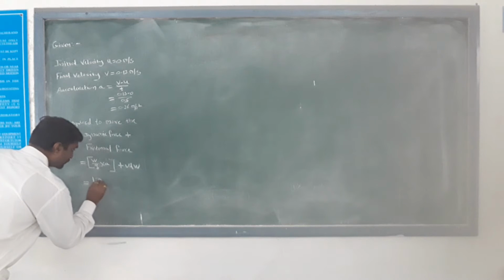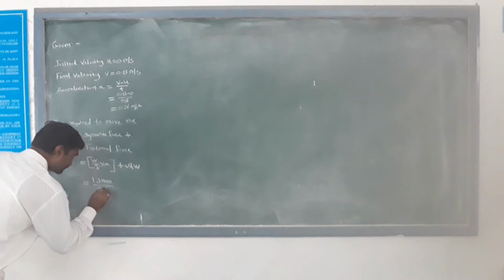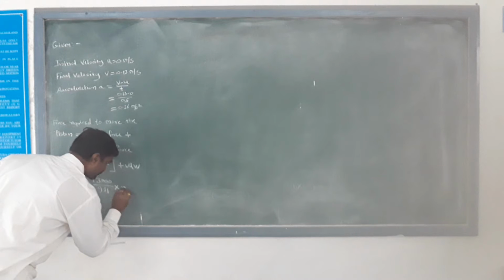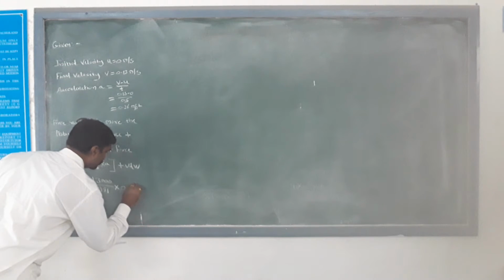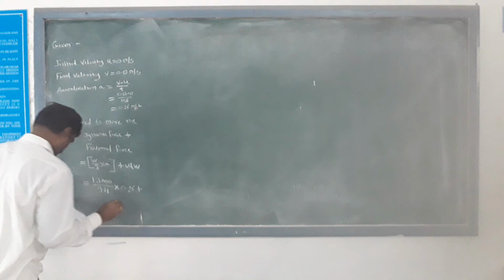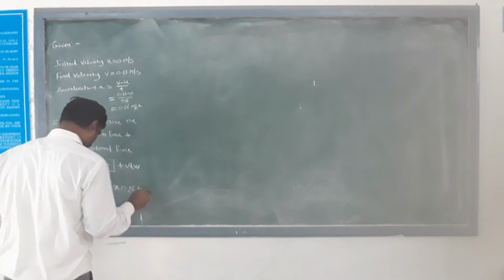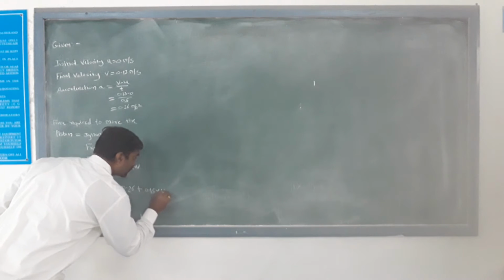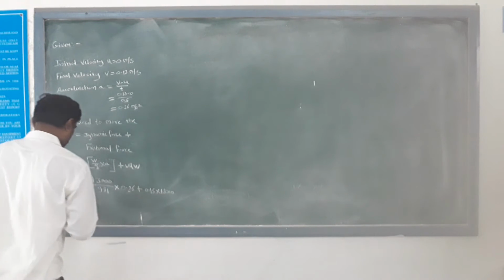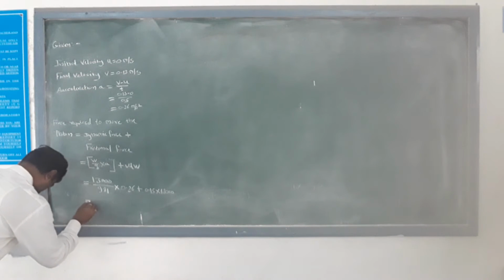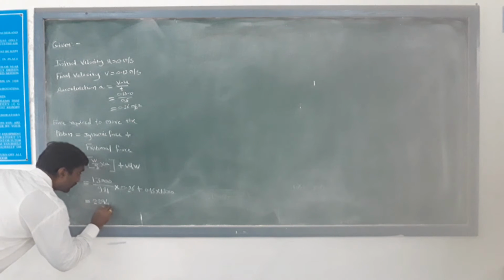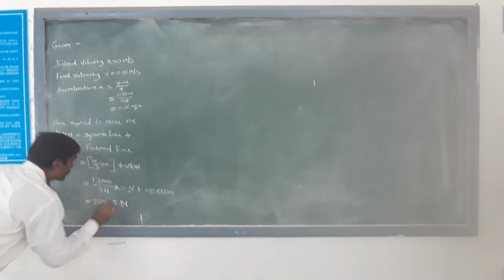So 13,000 upon 9.81 into 0.26 plus 0.15 into 13,000. So the final answer is 2294.5 Newton.